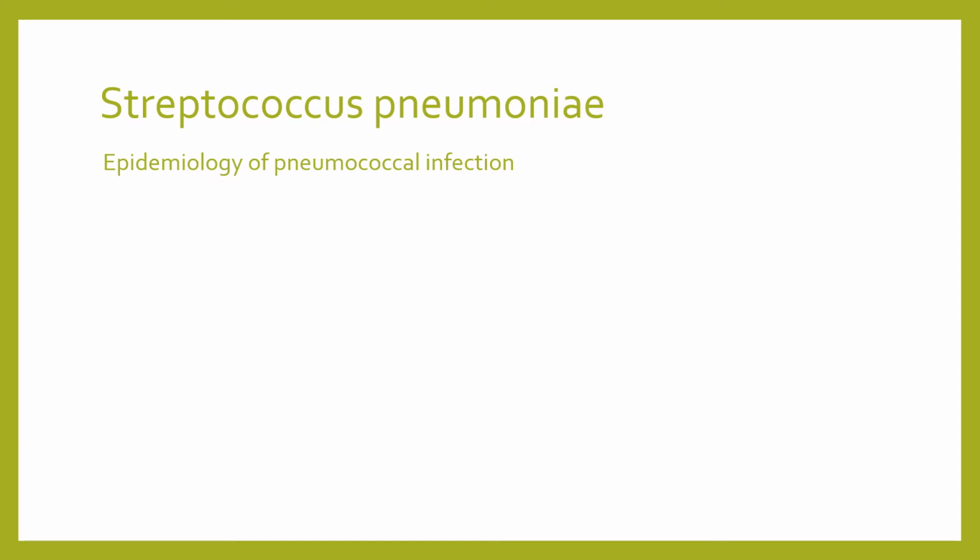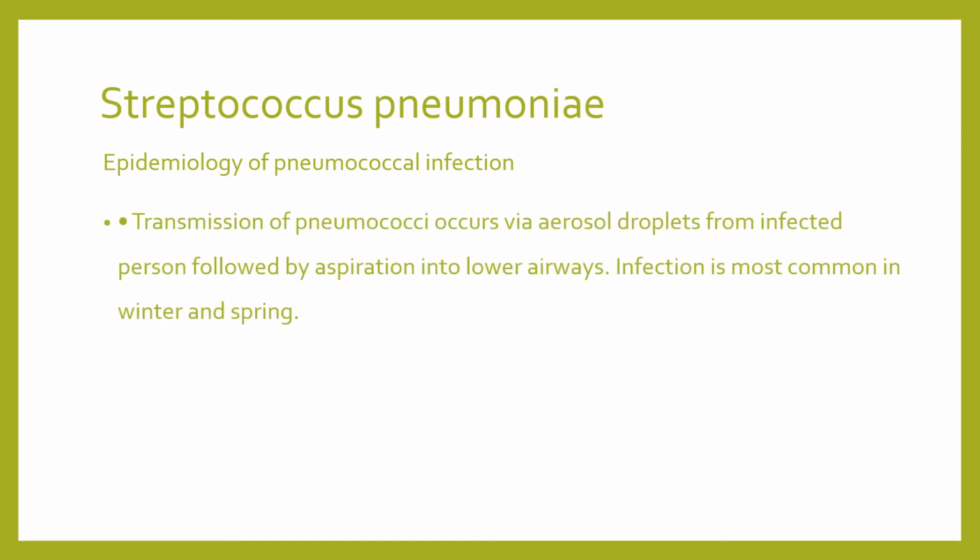Okay, now we talk about the epidemiology of pneumococcal infection. The transmission of pneumococci usually occurs via aerosols, from a sneeze, a cough, or when you are talking to an infected person, which then infects your nasopharyngeal area. Then you aspirate from the nasopharyngeal area.